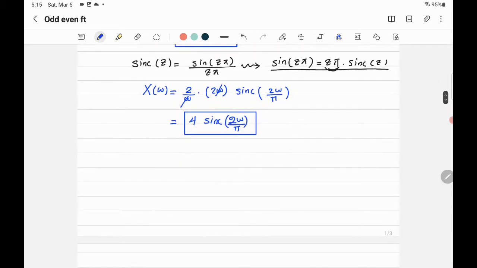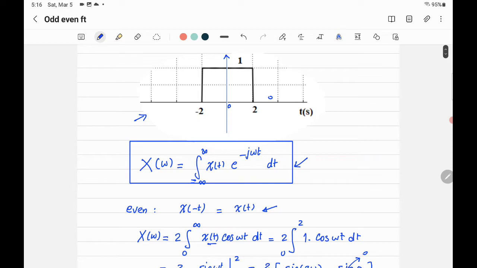And if you want to check your answer, you can go to the table. You'll find the rectangular pulse of width equal to tau, expressed in the time domain. Its Fourier transform is equal to tau sinc omega tau divided by 2 pi. In this example, that's tau over 2, that's tau over 2, and the whole width is equal to tau.